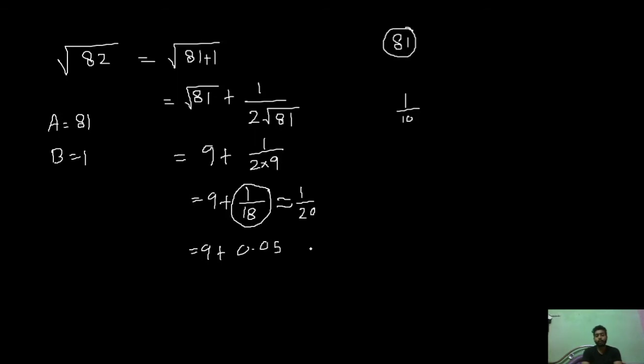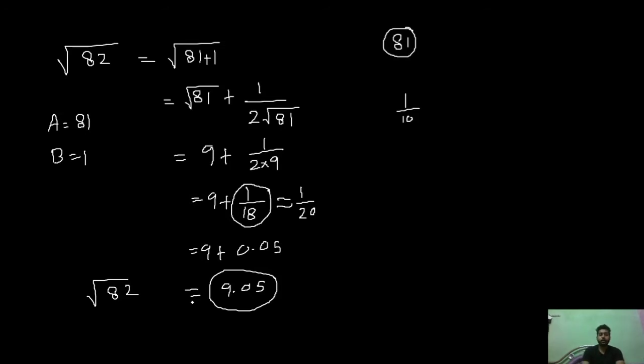We can see that 1 by 18 is nearest to 1 by 20. So we can approximate 1 by 18 as 1 by 20, and 1 by 20 is 0.05. So here the answer will be 9.05. So root over of 82 is equal to 9.05.